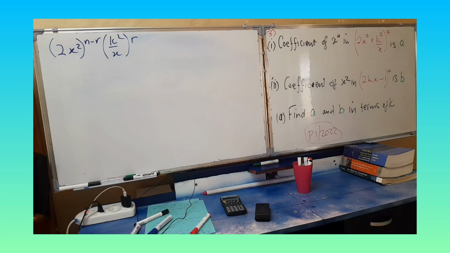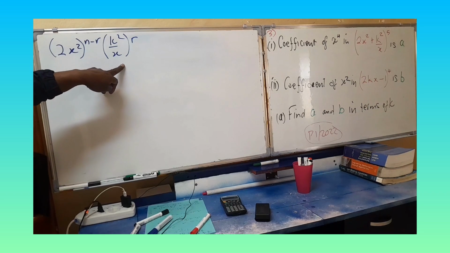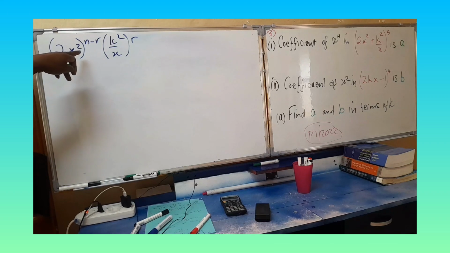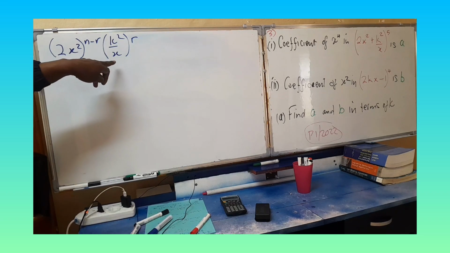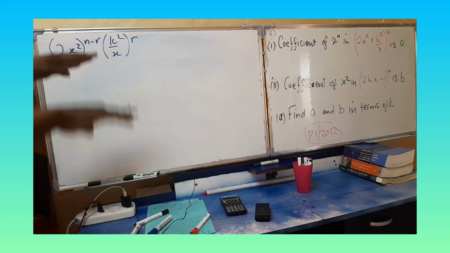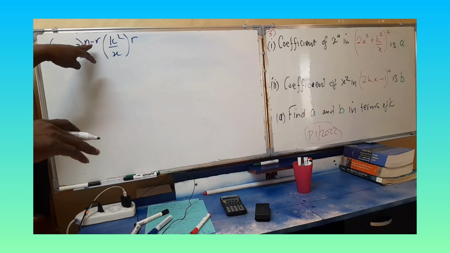But the term we are looking for will be such that x is raised to the power 4. But we have an x up here and an x down here. The x upstairs, the x squared actually, is raised to the power n minus r. And the x down here is raised to the power r. So at the end of the day, we're going to subtract the powers.